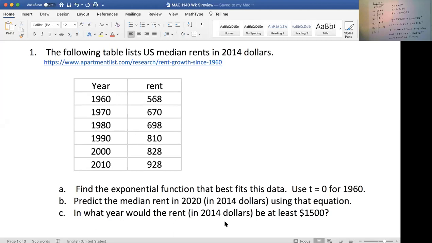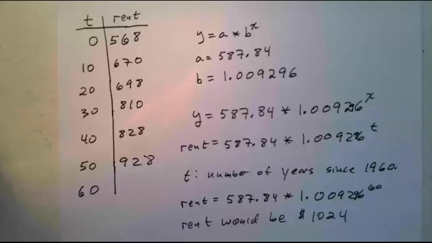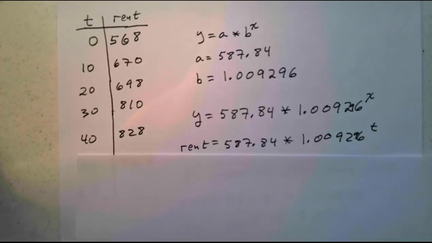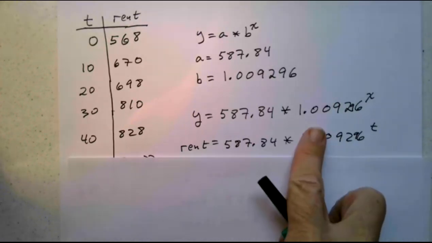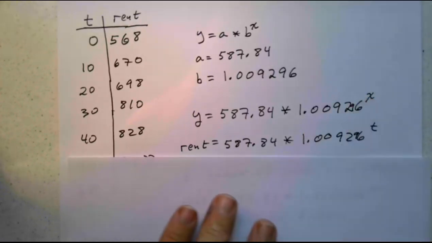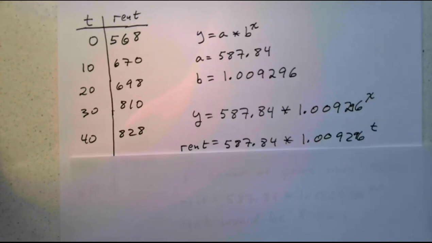Now our last question here is to determine in what year the rent would be at least 1,500. So let's talk about that. We have this equation, y equals a times b to the x. Y equals 587.84 times 1.009296 to the x. And I want the rent to be 1,500.